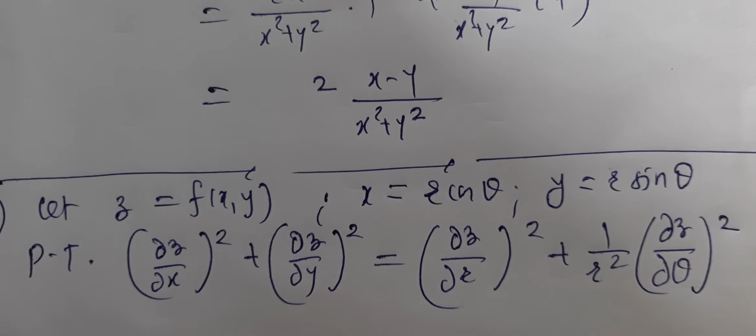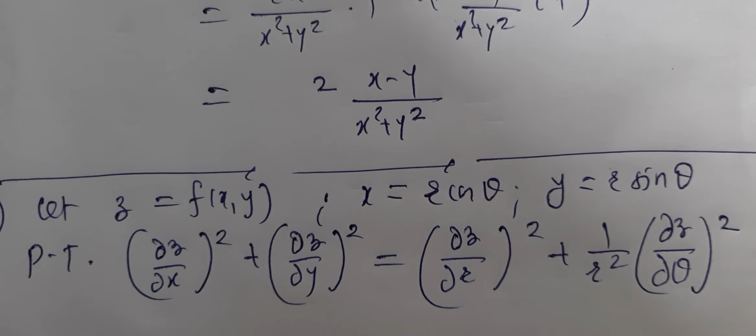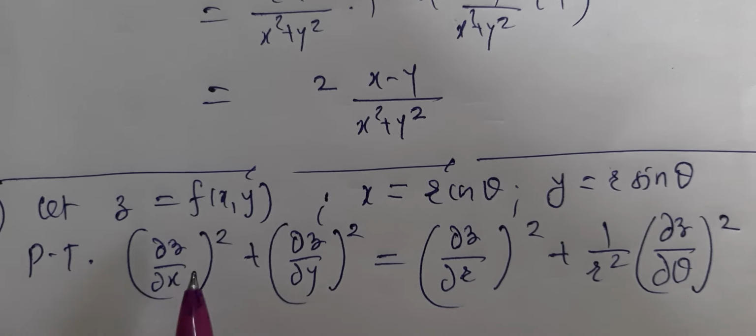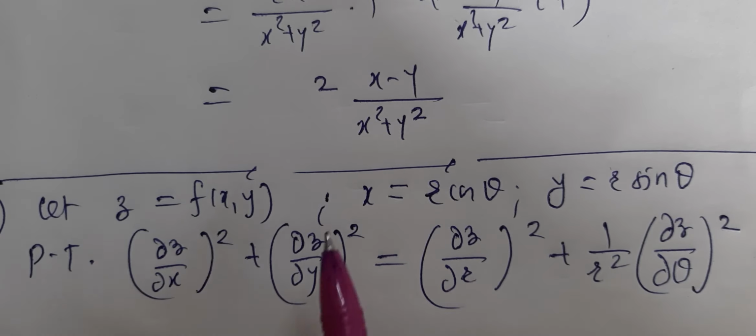Whatever is asked to you, as usual, now it's very common to everyone, whenever we want to prove something, the normal procedure is we evaluate LHS, then we evaluate RHS and we see both are equal. First we'll find the derivative of z with respect to x, square it, derivative of z with respect to y, square it, add them, keep it aside.